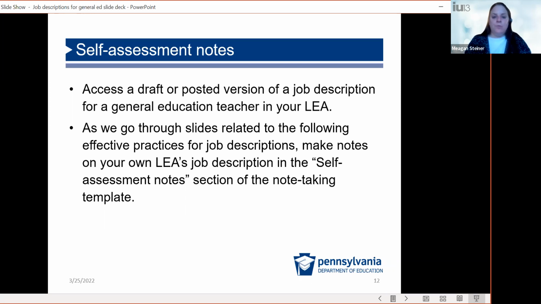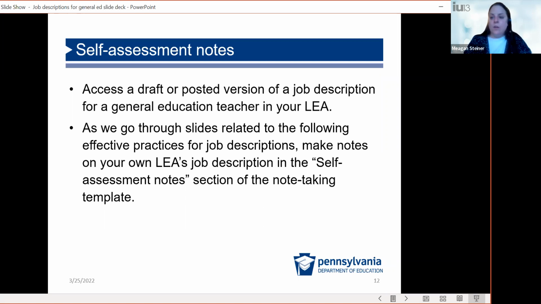So as I mentioned before, if you can access a draft or a posted version of a job description for a general education teacher in your LEA, whether it's something that's posted publicly online on your district's website or on a job searching platform, or whether it's a draft or a finished version that you have in an email from someone or a file somewhere.